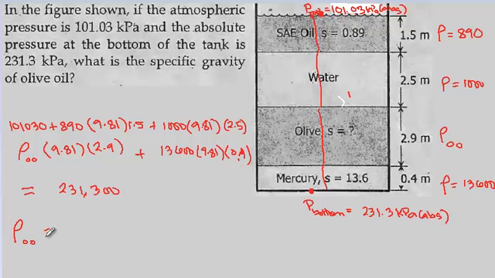OO stands for olive oil, of course. Then we get an answer of 1,380 kilogram per cubic meter. Therefore, the specific gravity of olive oil is 1,380 divided by 1,000, the density of olive oil over the density of water, which is 1.38.